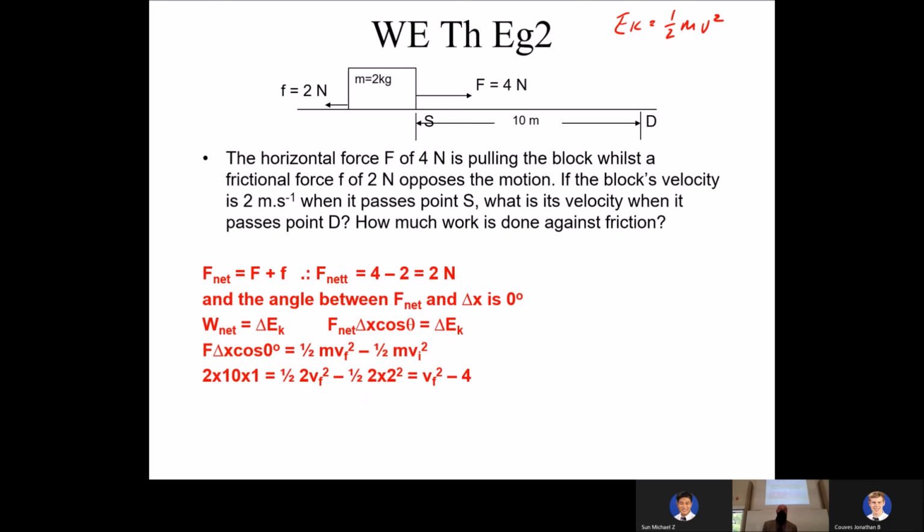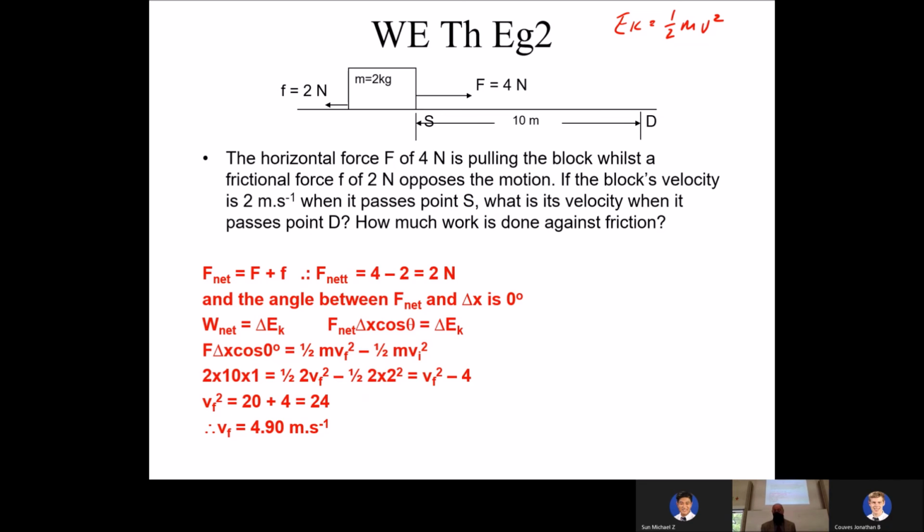So now I've got my net force is 2, and delta x, the distance, and cos theta between the net force and the displacement is 1. I know the initial velocity was 2, and so I work out 4.90.